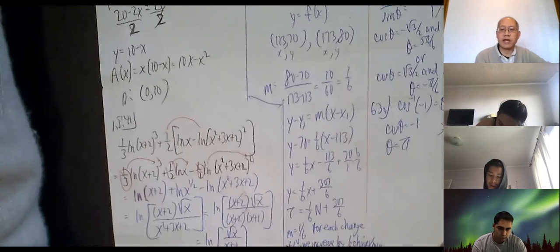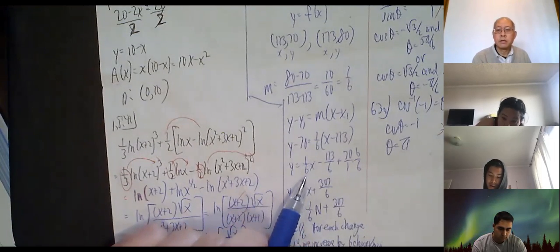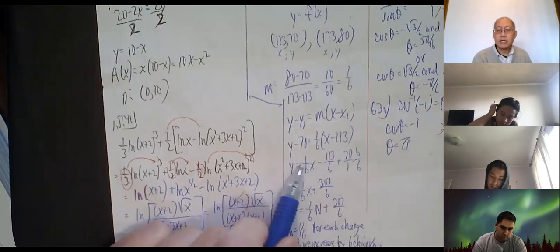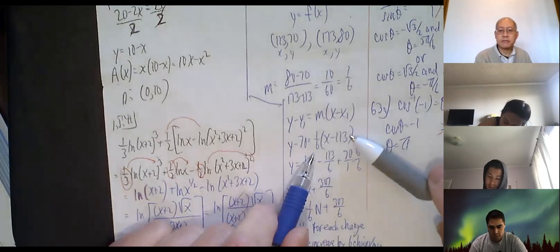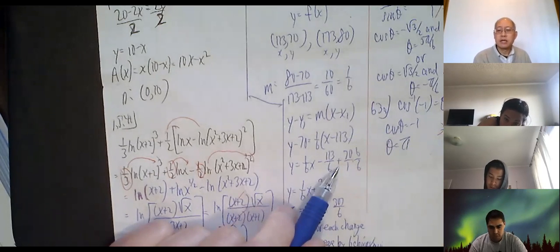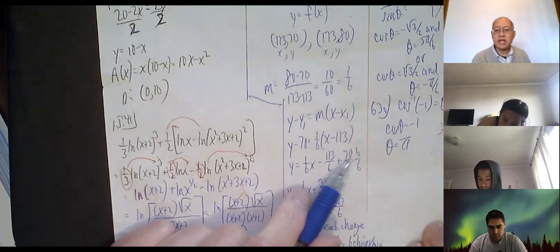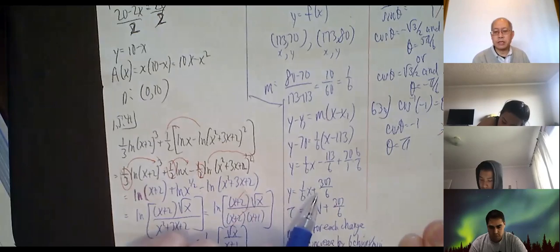And then just some heavy-duty algebra. Distribute. So add 70. So 1/6 x minus 113 over 6 plus 70. 70 is like 70 over 1. Multiply that by 6 over 6. 70 times 6 is 420. 420 minus 113 comes out to be 307.